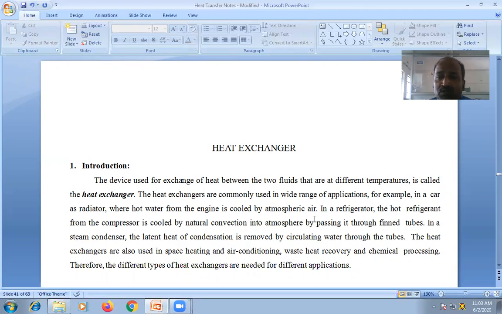In the transformer, the hot oil is converted into cold oil, and again the transformer oil can be reused. So there are many applications where heat exchangers are usually used. There are various heat exchangers, but in some cases the combinations are different, so one by one we will see.